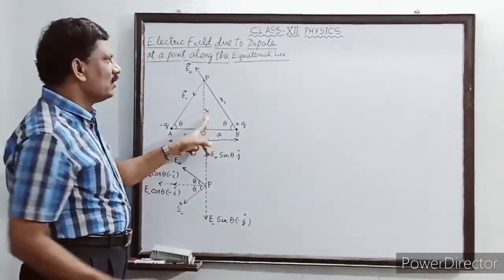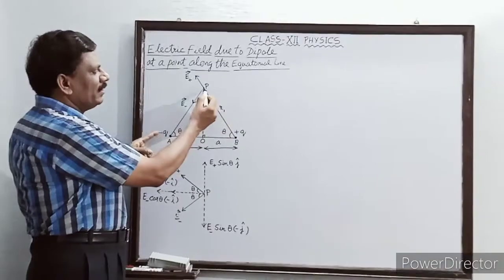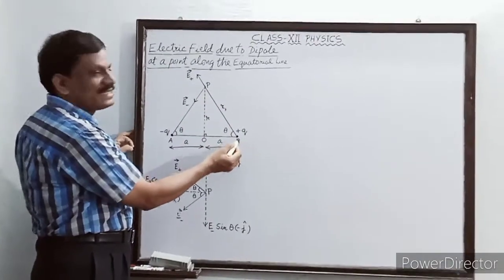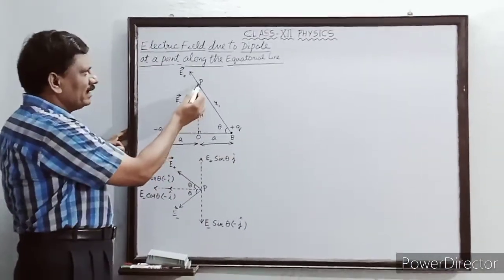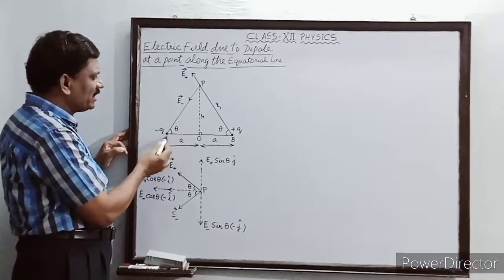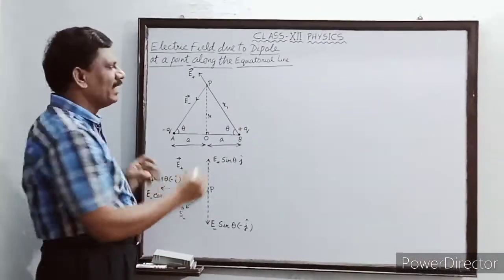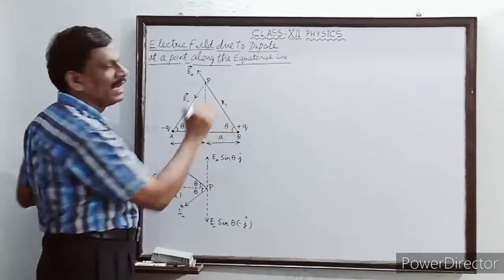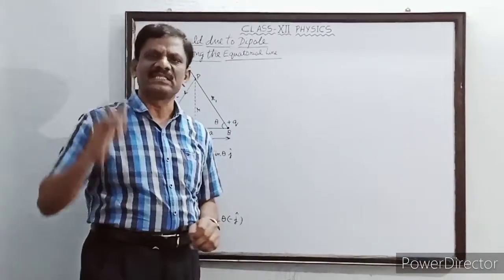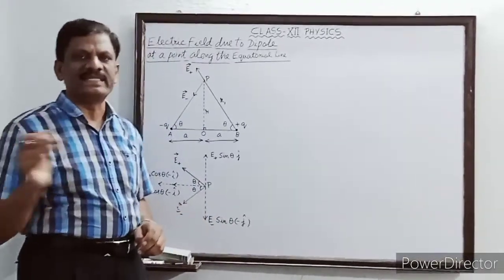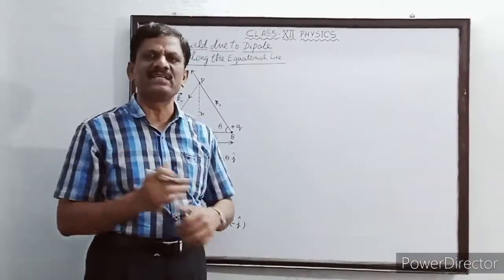The distance of the point P from the positive charge plus q placed at B and from the negative charge minus q placed at A will be the same, and that distance is represented by r1. So the location of the point P along with the points A and B looks like an isosceles triangle.